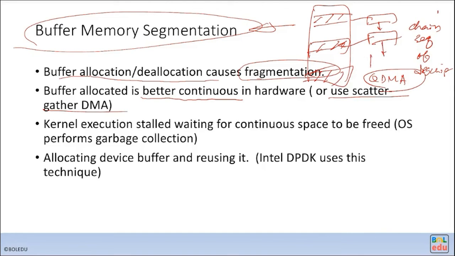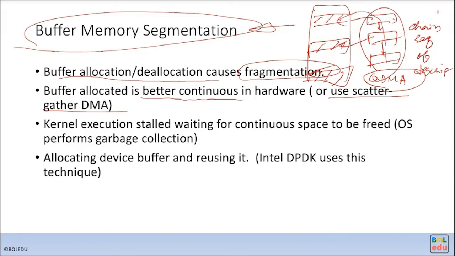So you provide a chain of descriptors pointing to the scattered data buffers in system memory, and you can do the transfer like a continuous big chunk of data buffer. However, you need to prepare those descriptors. That's one thing.